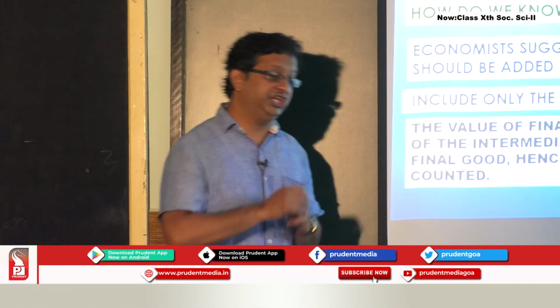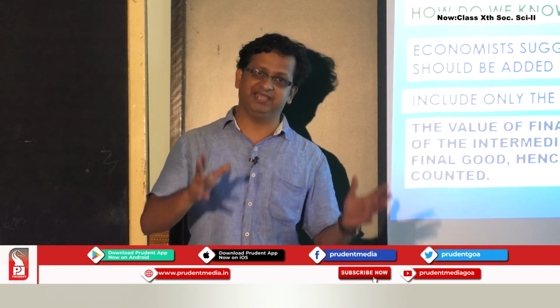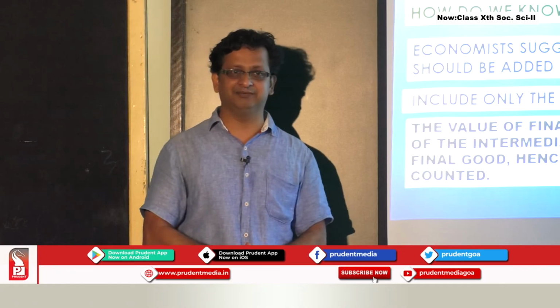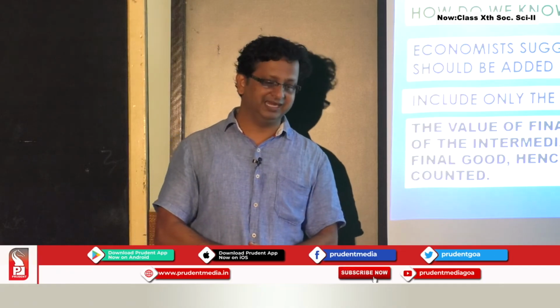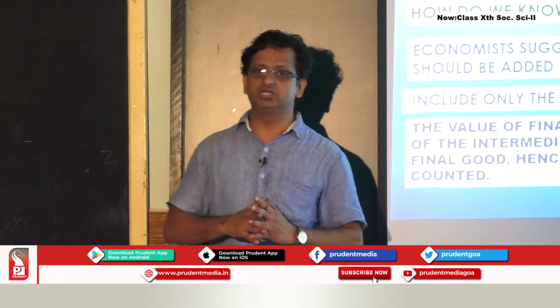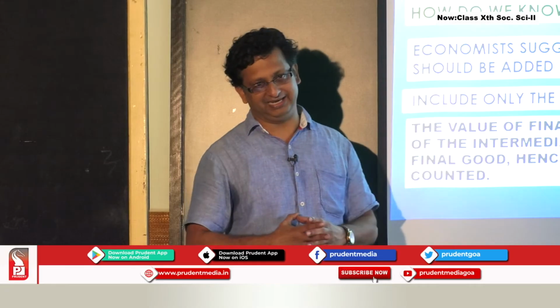Should we count each and every item that is being produced or manufactured? Will it make sense to count each and every item? Or should we take the value of the goods that are produced or services that are generated?